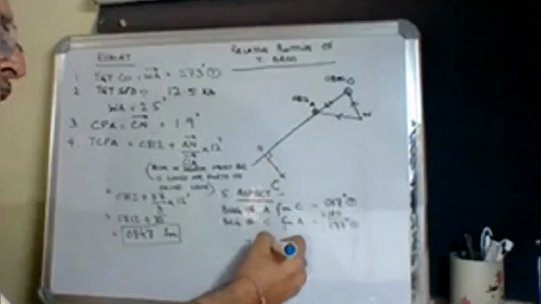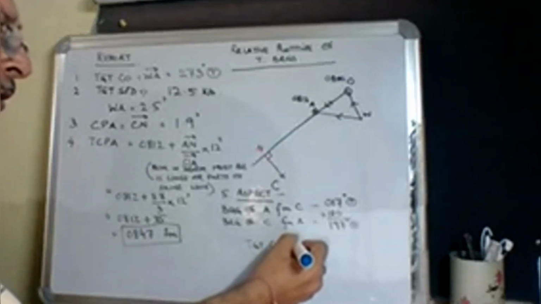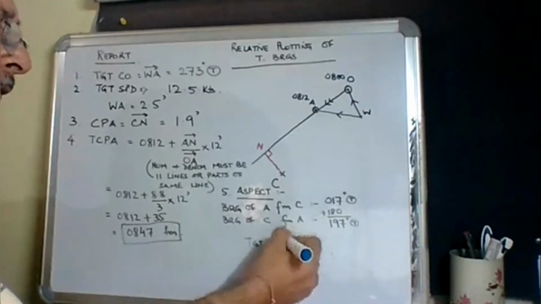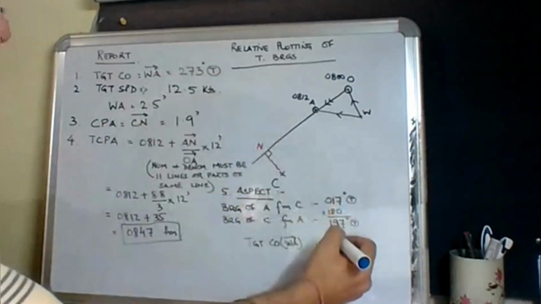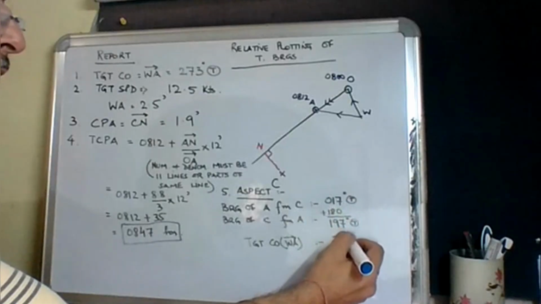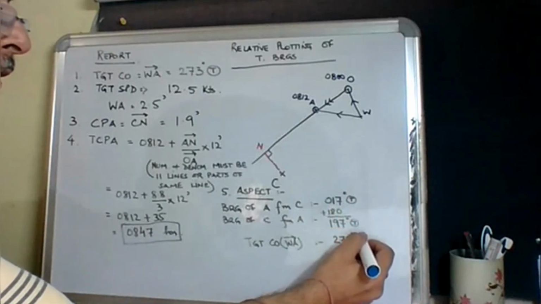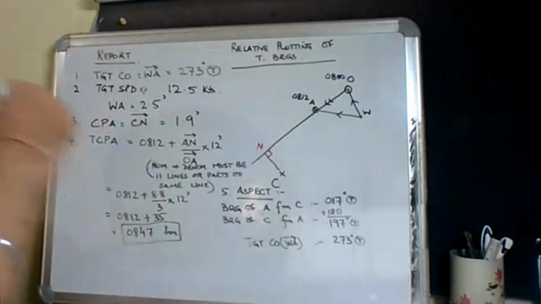Target course, that is WA, which I found out was 273 degrees.